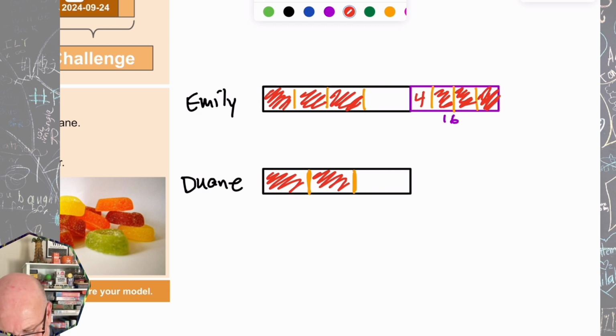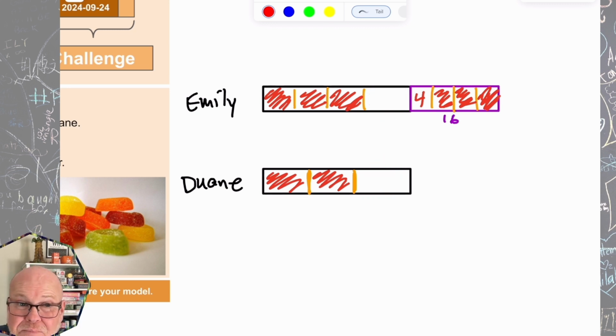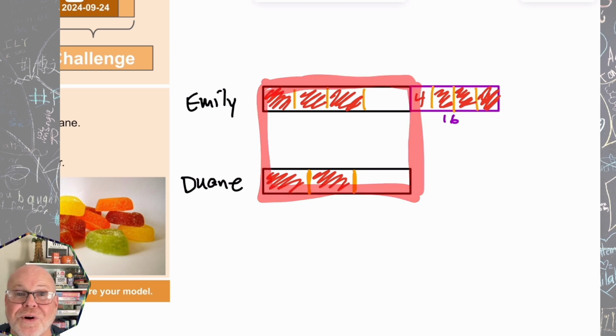The problem is this unit and this unit are not the same size. So we don't know exactly how many equivalent units we're going to have. So we're going to go back to this idea that these two tapes right here at one point were equal.